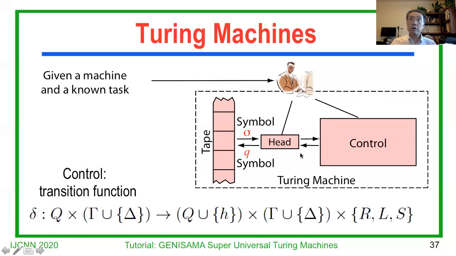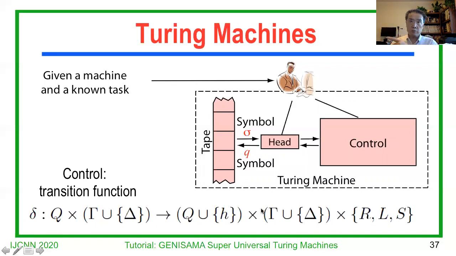The control of the Turing machine is a transition function, called a 5-tuple. Remember the 5-tuple: previous state, the current symbol you read from the tape, then the next state, the symbol you want to write onto the tape, then head motion: left, right, or stationary.